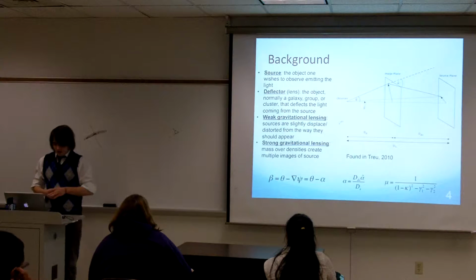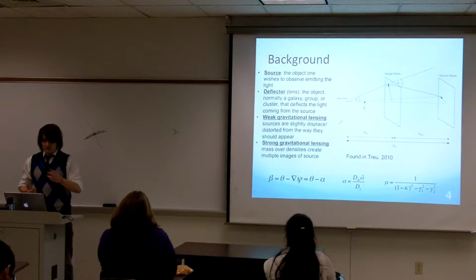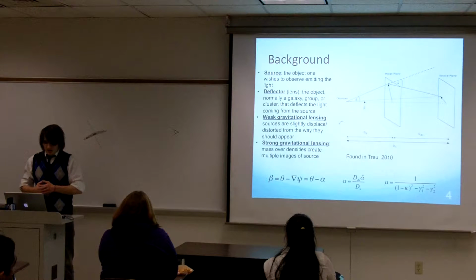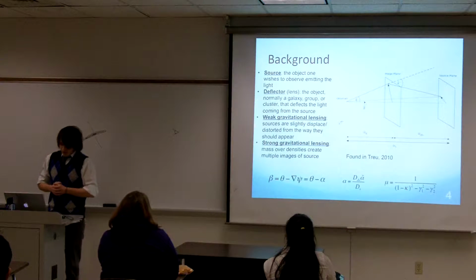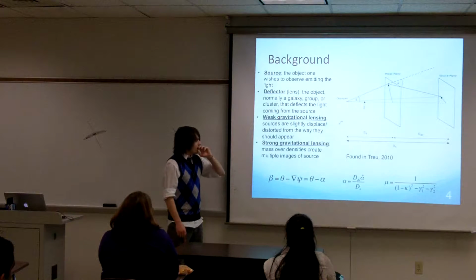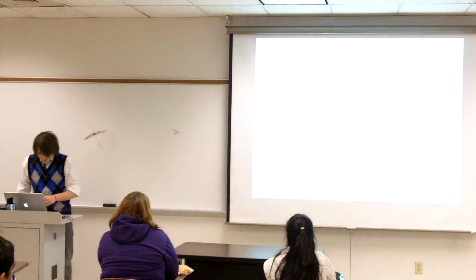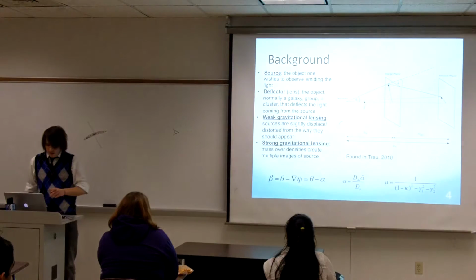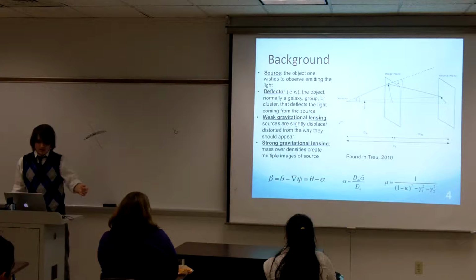And you can think about strong gravitational lensing as a transformation from 2D coordinates of a particular light ray, so the image plane, to another 2D coordinates where the light ray would be if it wasn't perturbed, so the source plane. And this is just a lens equation describing that diagram, with what alpha is right there based off of the distance from the deflector to the source and the distance from the source to the observer.